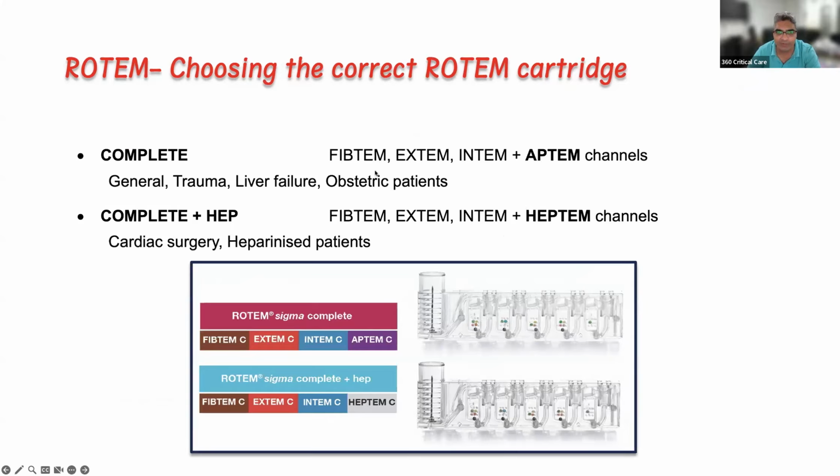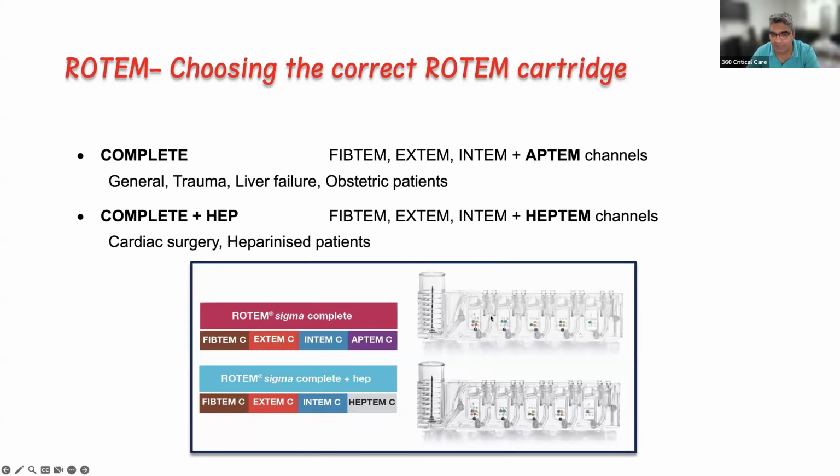The first one is the usual FIBTEM, EXTEM, INTEM, and APTEM. Instead of APTEM, in a patient who is heparinized, you may need this channel. So it is called the complete plus hep: FIBTEM, EXTEM, INTEM, and HEPTEM. So you look at the heparin effect in this type of cartridge, the bottom one, but the top one does not give you a heparin effect.